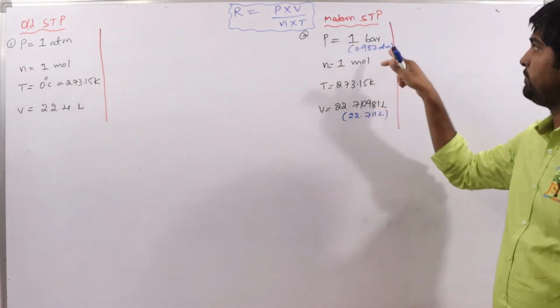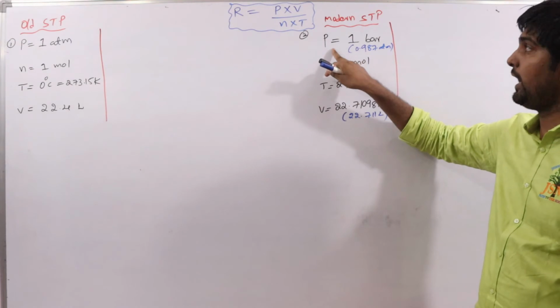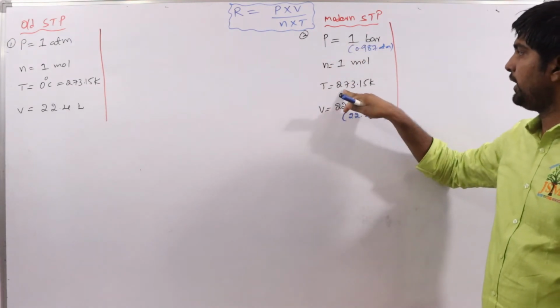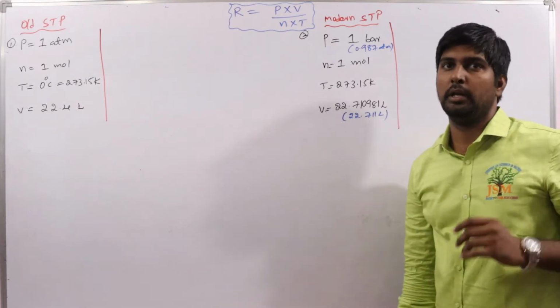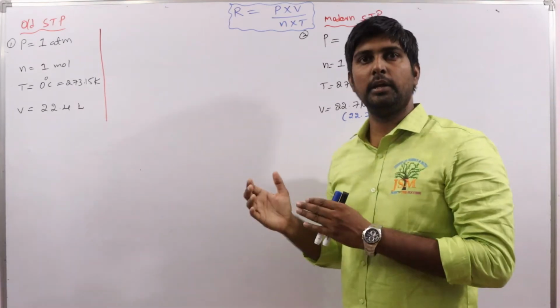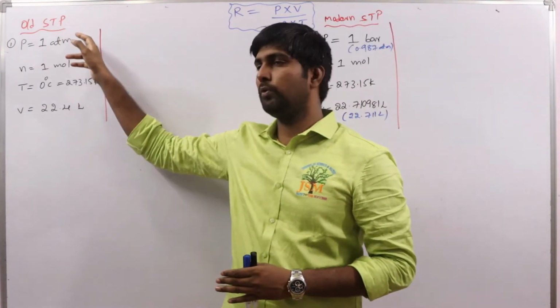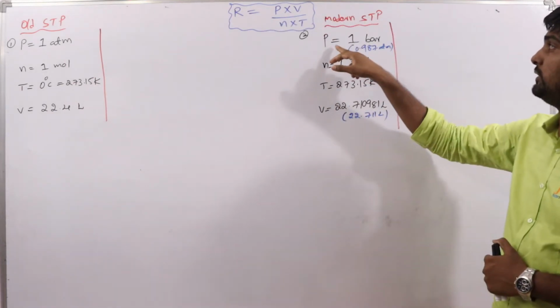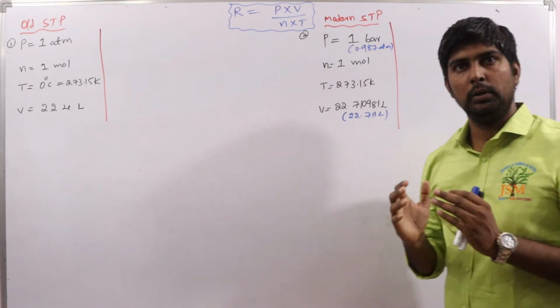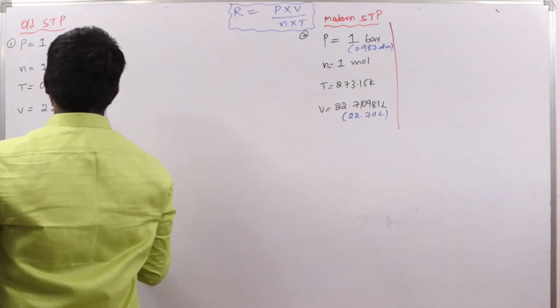In the modern STP conditions, pressure is 1 bar and temperature is 0 degrees centigrade or 273.15 Kelvin. Up to 1982 we used the old STP system; after that it was revised so that pressure is considered as 1 bar.